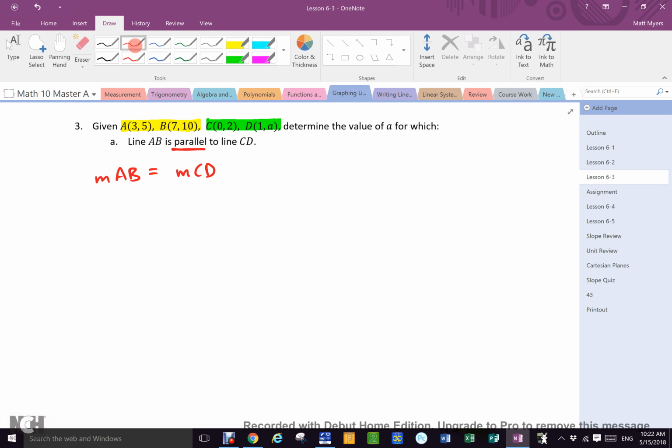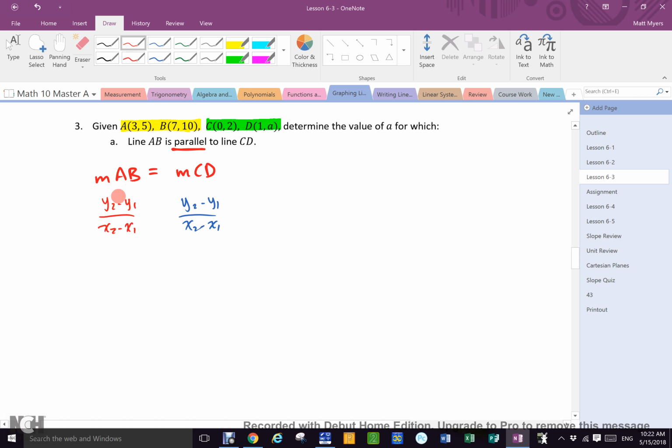Do I have a way to find the slope of AB? What is it? y2 minus y1 over x2 minus x1. And how do I find the slope of CD? To check it against this one, right? So what would I write here? The same thing. y2 minus y1 over x2 minus x1.